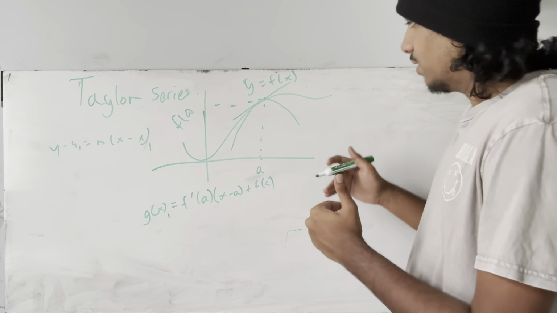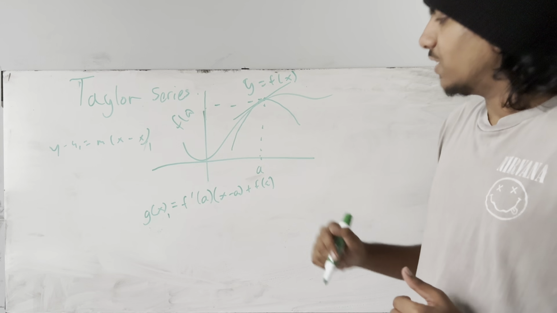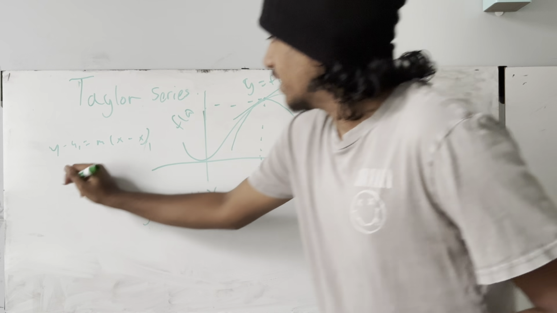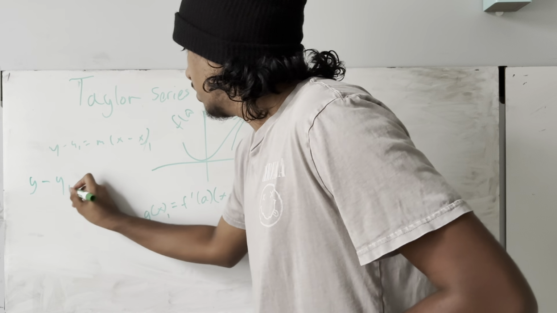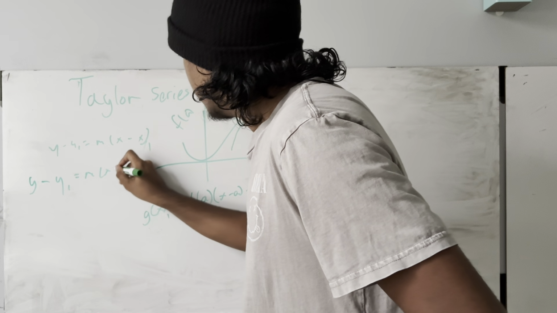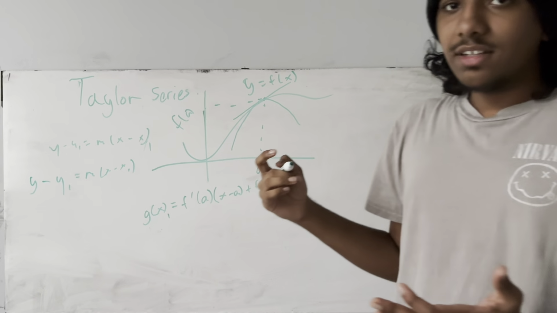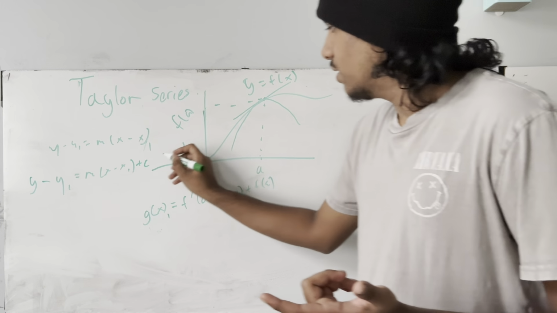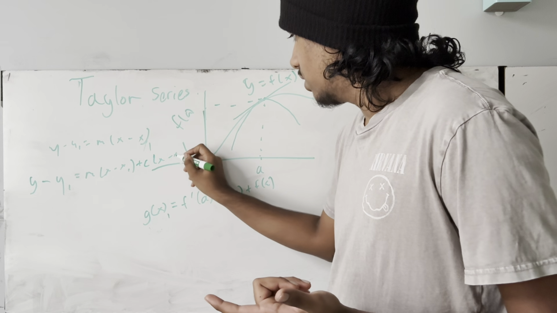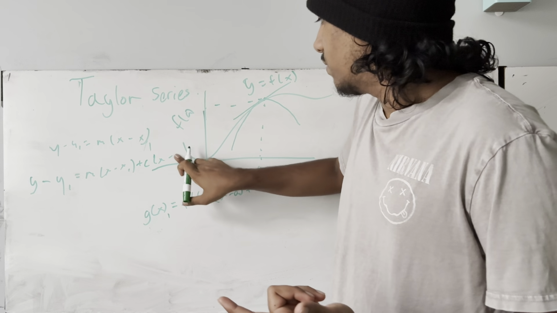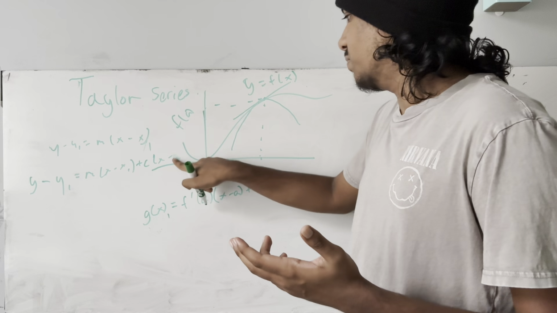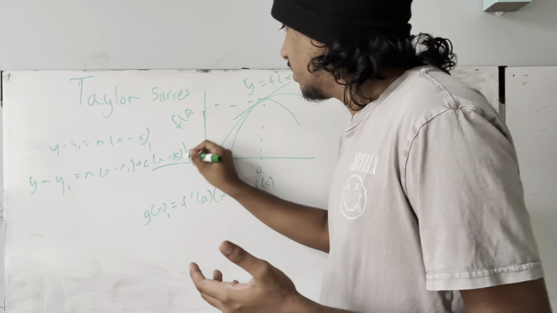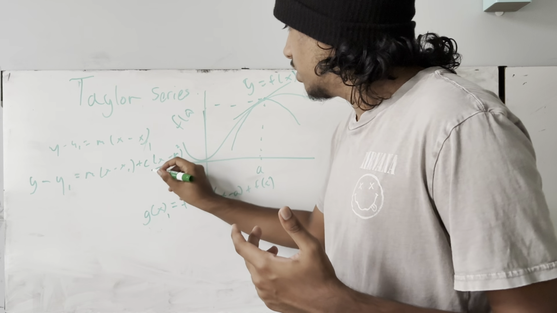So we can expand the linear approximation formula. What we can do is add another term right here. I can expand on the point-slope form, m times x minus x1, but let's add another thing, c for the concavity at the point, times x minus x1, because it's the same point, squared.